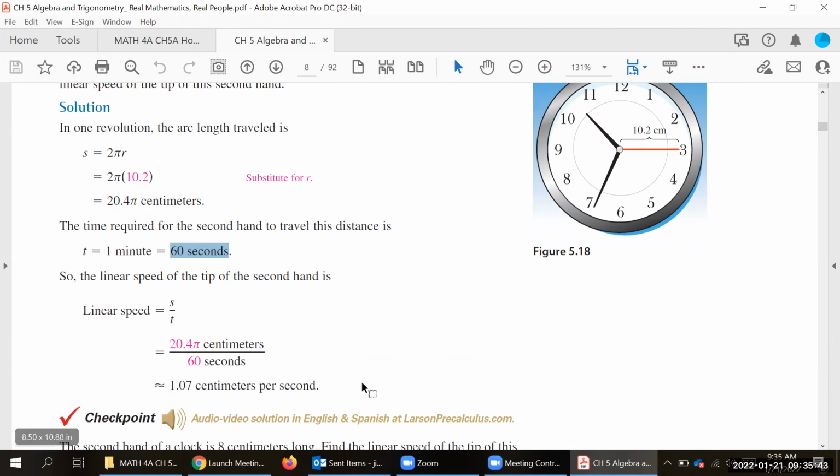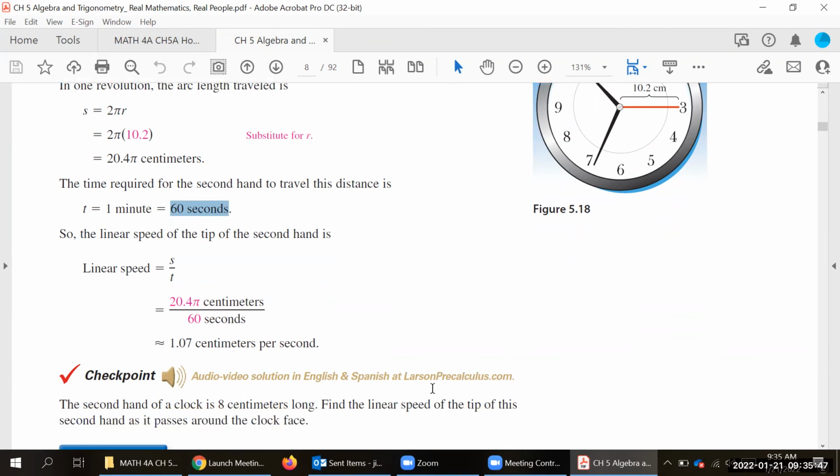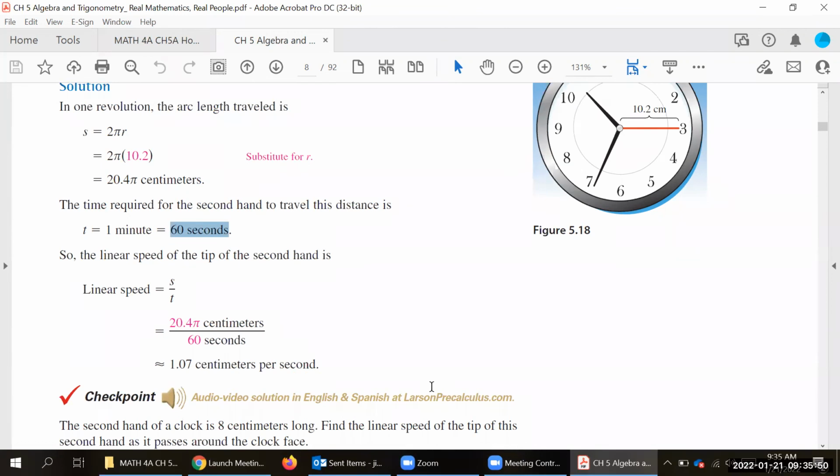And that's how they get, it's traveling at 1.07 centimeters per second. But if I asked you what is the distance in centimeters per hour, then you would convert the seconds into hours. So you multiply by how many seconds in a minute, and then how many minutes in an hour.